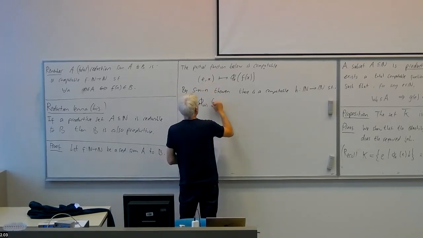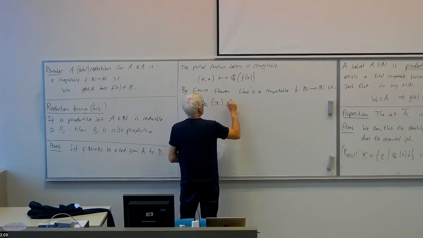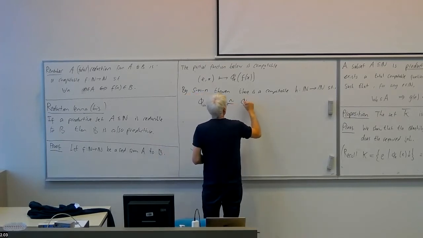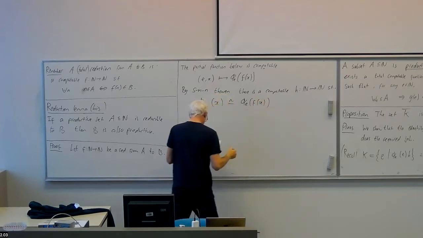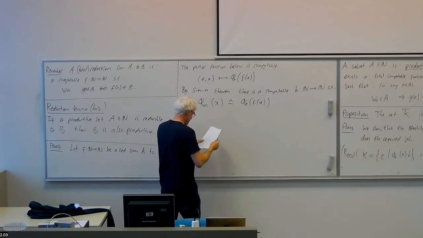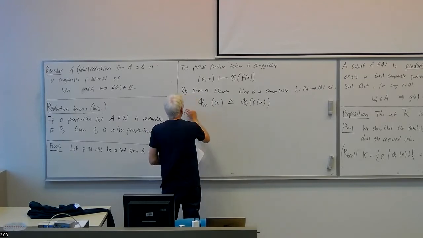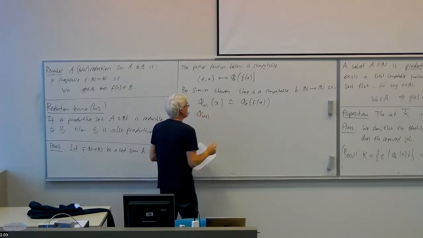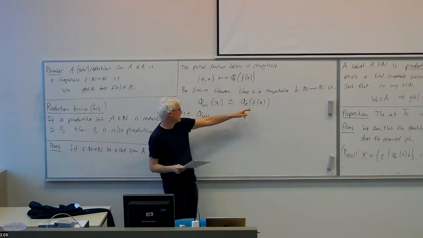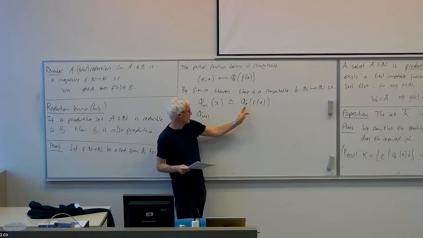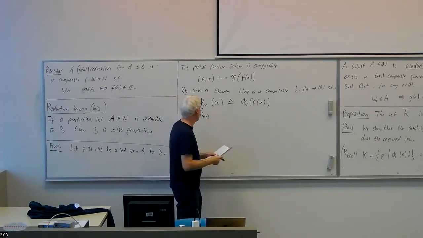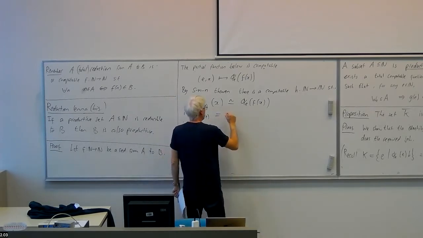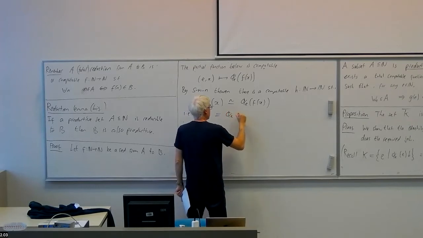So phi sub h of e applied to x is the same as phi sub e of f of x. Or another way of writing that is that phi sub h of e is the partial function we get by composing phi sub e with f. There's the partial function phi of e composed with f.